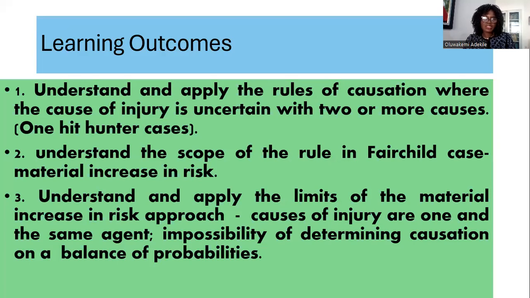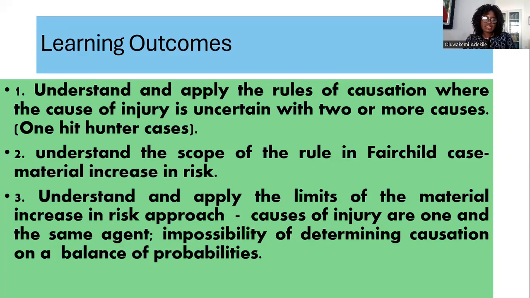Now, our learning outcomes in this presentation are threefold. To understand and apply the rules of causation where the cause of the injury is uncertain, with two or more causes, what we normally call the one-hit-hunter cases. Understand the scope of the rule in Fairchild's case, where we talk about material increase in risk.